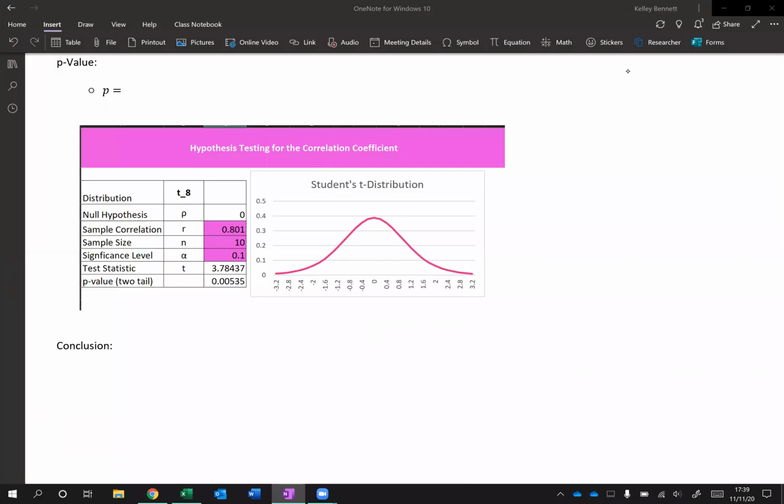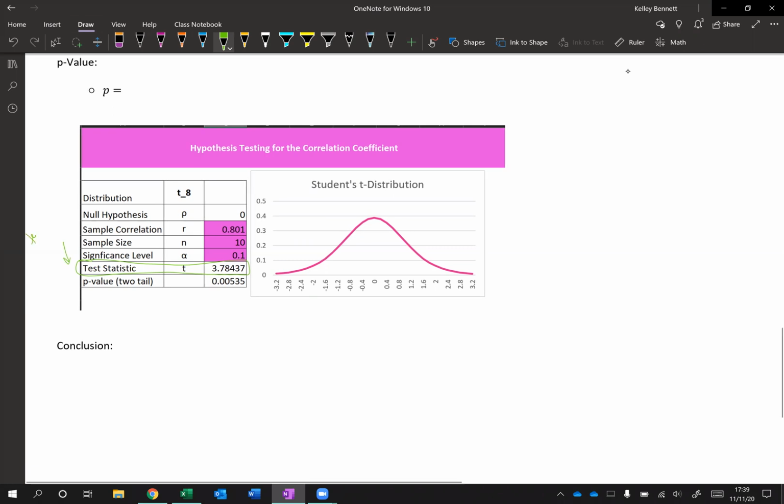So here I can see that my value for my sample correlation was 0.801. And so that was 3.78437 standard deviations away from the assumed value for rho. So remember, this tells us how far away we are.